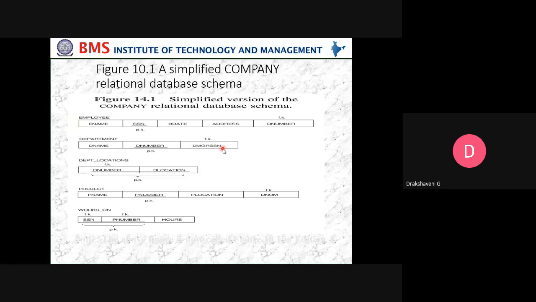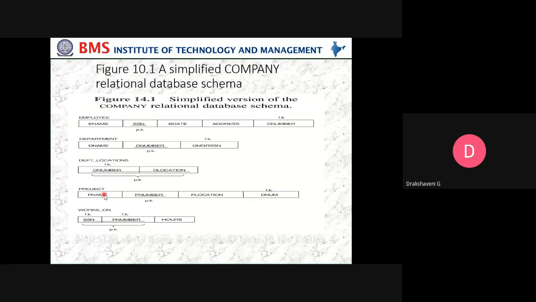Then the department location has D number and location. Because we cannot uniquely identify the rows, we combine both, and we call it a candidate key or composite key. So D number and location put together form a primary key. Again, D number is a foreign key from the department table.